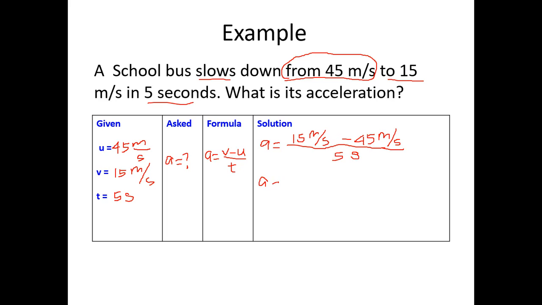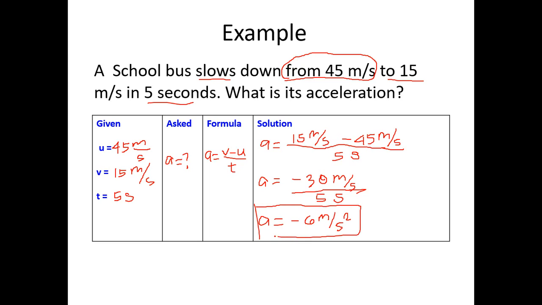So your acceleration will now give you negative 30 meters per second over 5 seconds. So therefore, your acceleration will now give you negative 6 meters per second squared. So there is your answer.